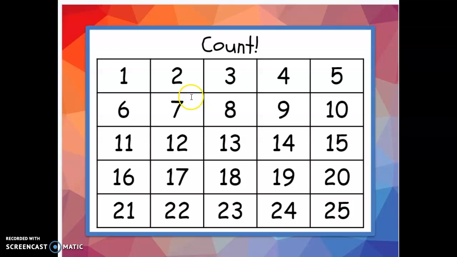Before we get started, let's go ahead and count. Count with me as I tap each number. 1, 2, 3, 4, 5, 6, 7, 8, 9, 10. Get that number 10 stuck in your head.